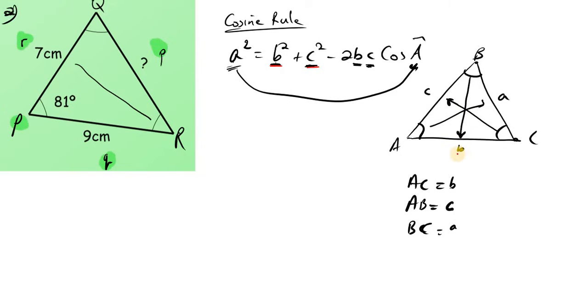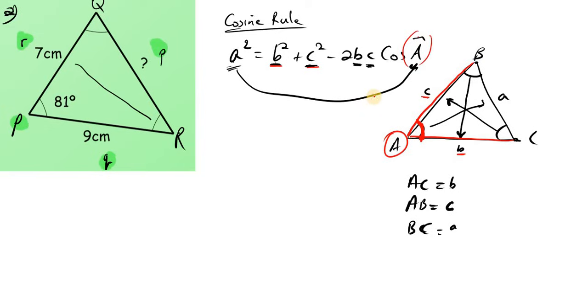This is side b. This is side c. And do you notice that side b, which is this side here, and side c, which is this side here, they actually form the angle here, which is actually angle A. So sides b and c are the two sides that form the included angle. Okay, so we have b and c forming angle A, which is this angle right there.